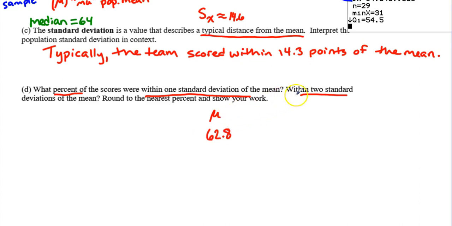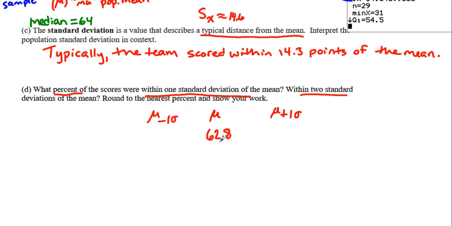And then if we're going out 1 standard deviation, that means 1 above and 1 below. So I've got mu plus 1 population standard deviation, and then below, mu minus 1 population standard deviation.